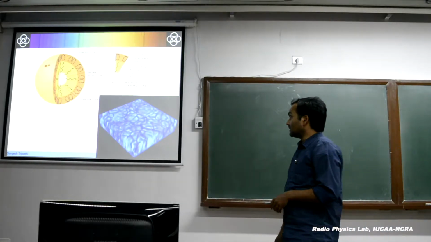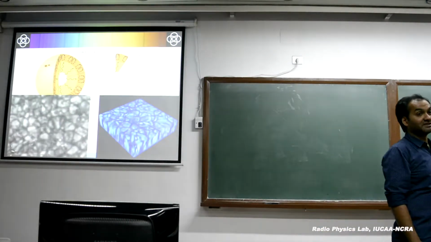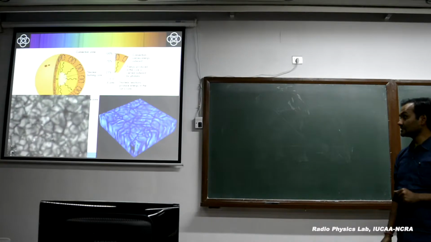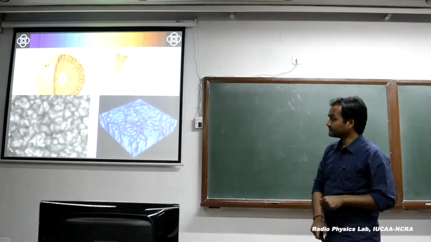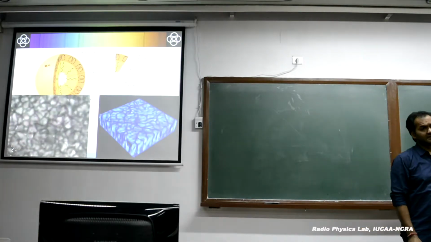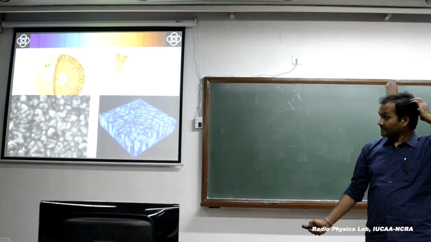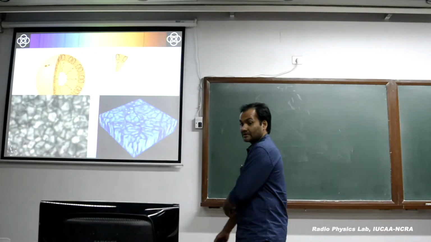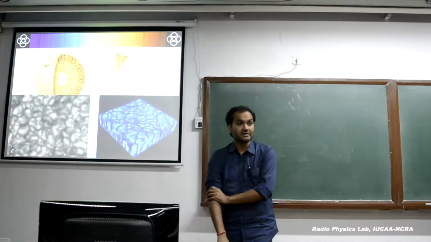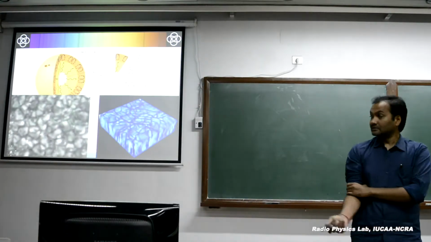Okay. When you compare that with observation, so this is observation, of course, can't be 3D, so it's just a snapshot. So if you just look at the top picture here, compare with that, do you see any difference in these two? So white spots. Those white spots. These white spots here, right? That is the difference, and that's what makes the whole simulation of convection complicated, and that is because of magnetic field.